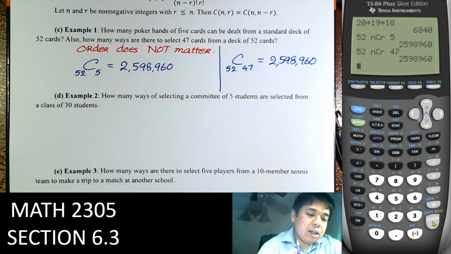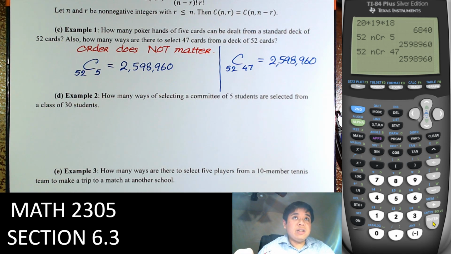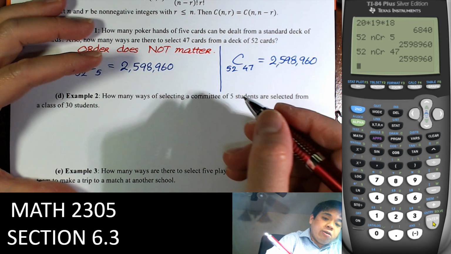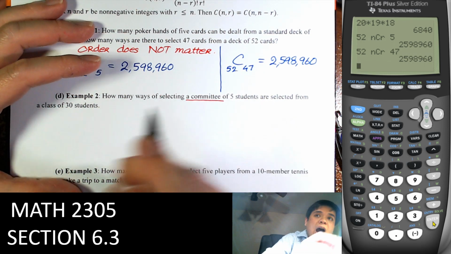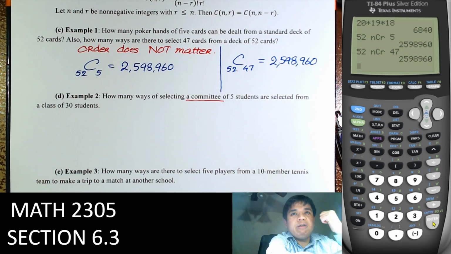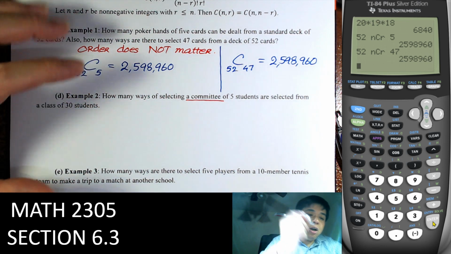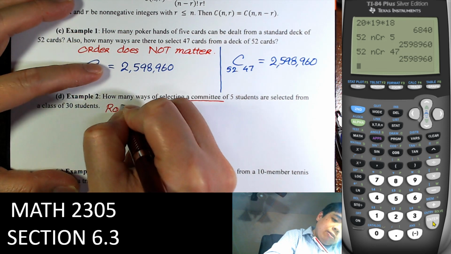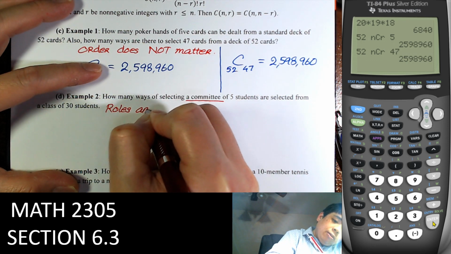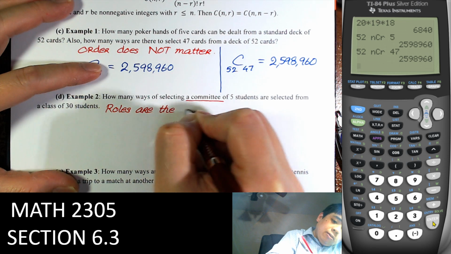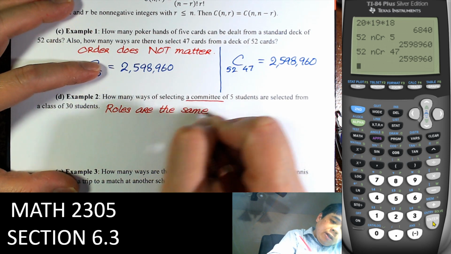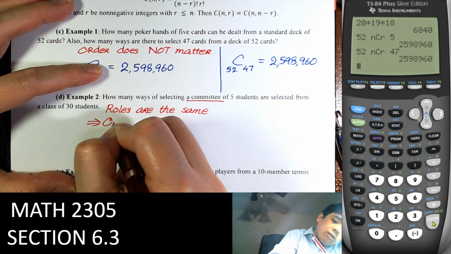Right. Next, how many ways of selecting a committee of 5 from a class of 30 students? So the class of 30 students, there are 5. This is a committee. Unlike previously, when we have the president and vice president, the roles are different. Here, there's only a committee. So in a committee, the roles are the same, meaning that order does not matter.